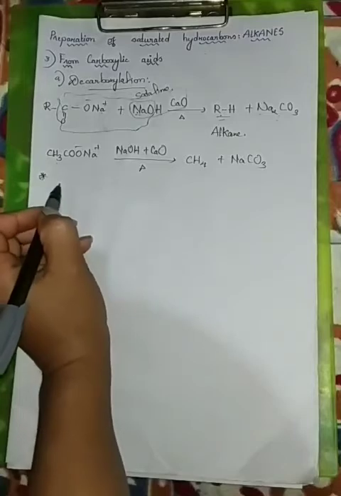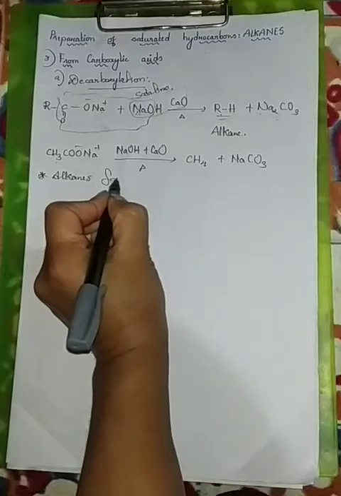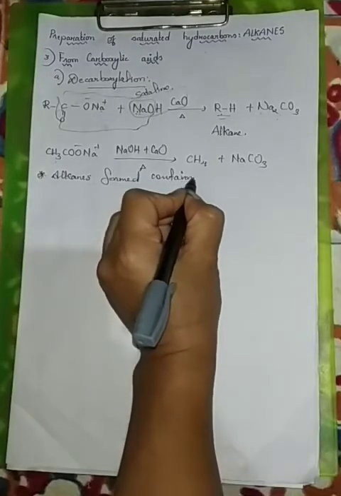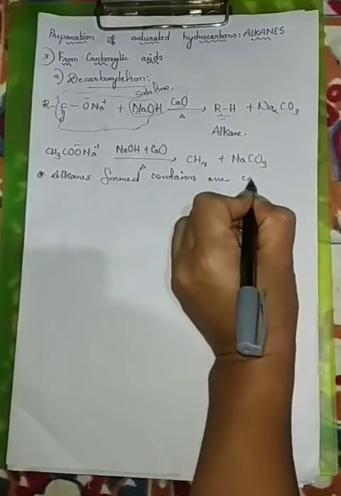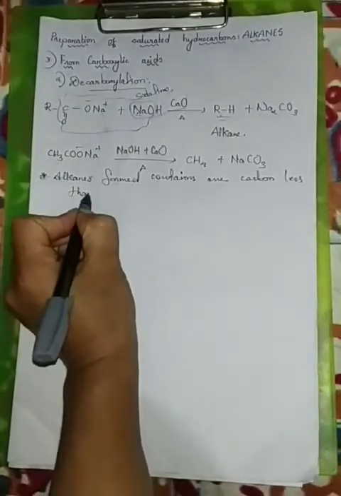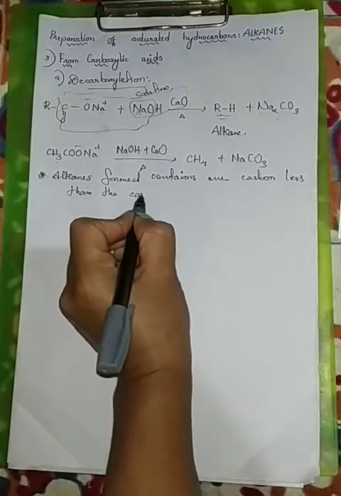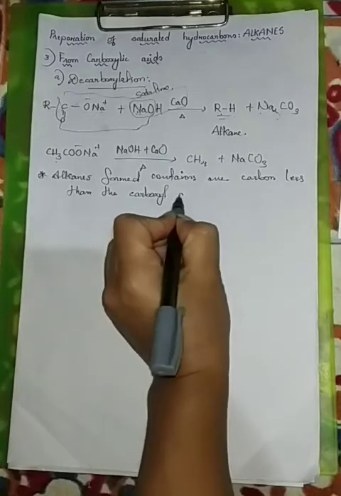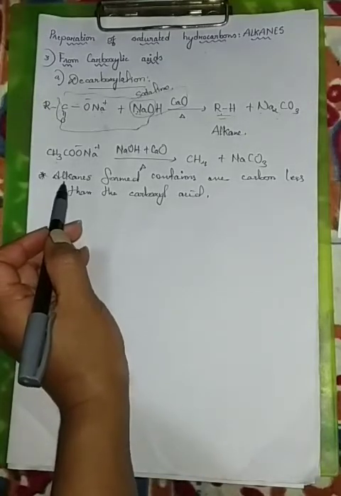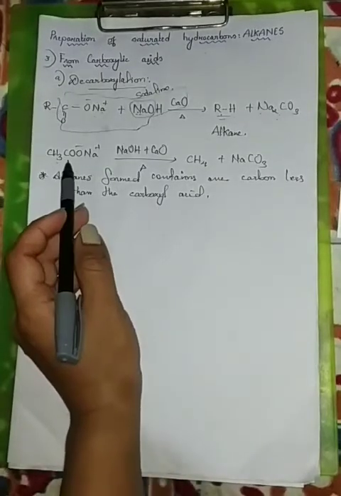Now, one point to be noted here is that the alkane formed contains one carbon less than the carboxylic acid.